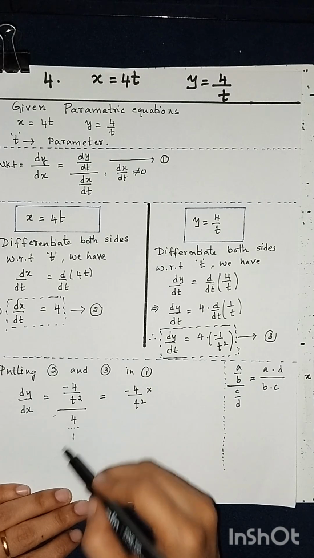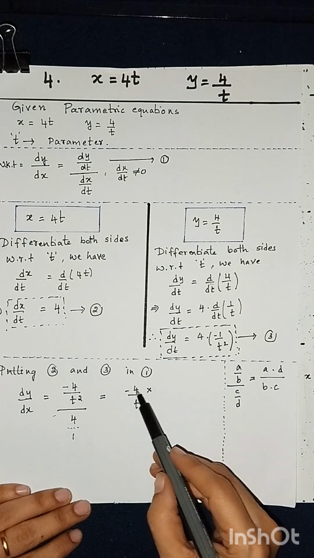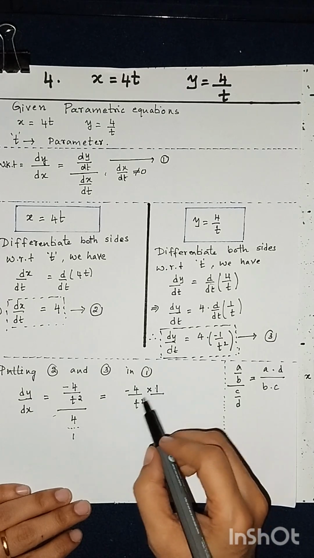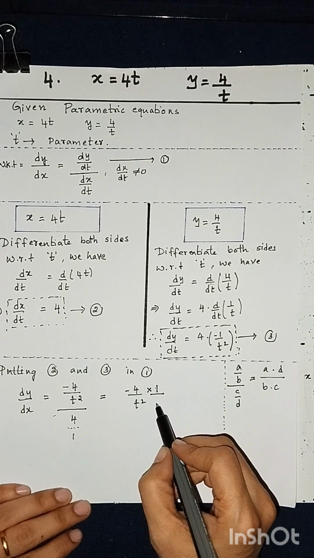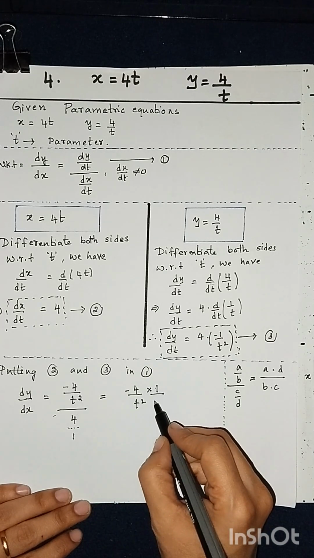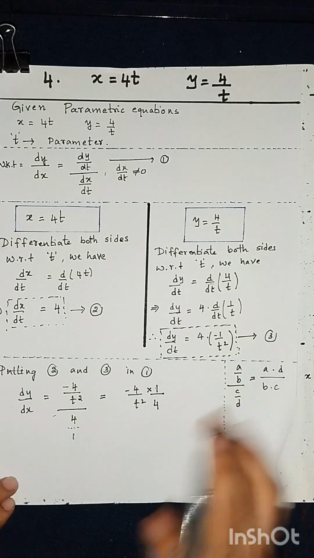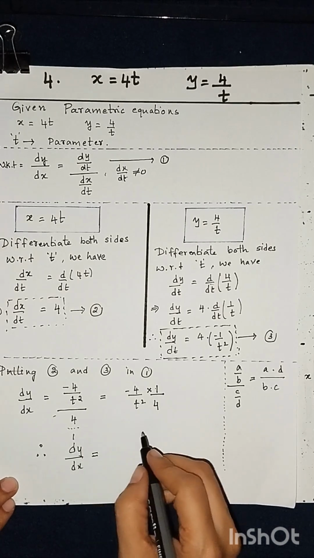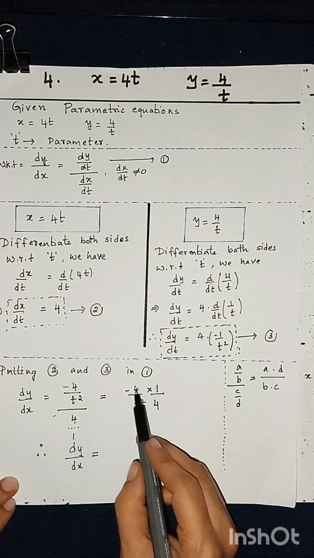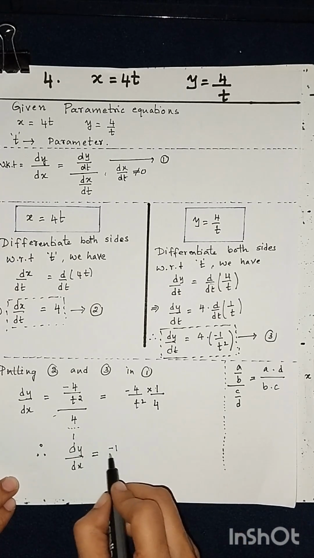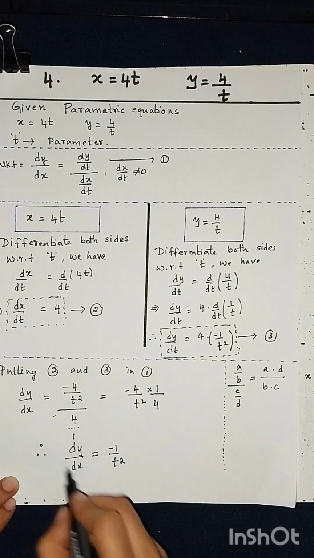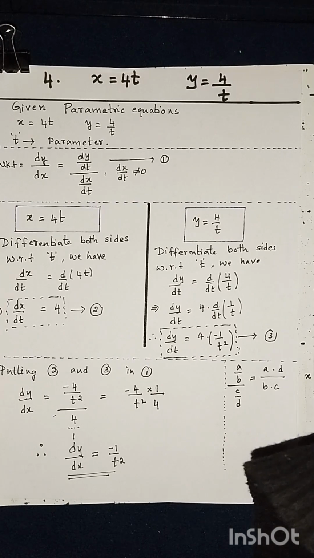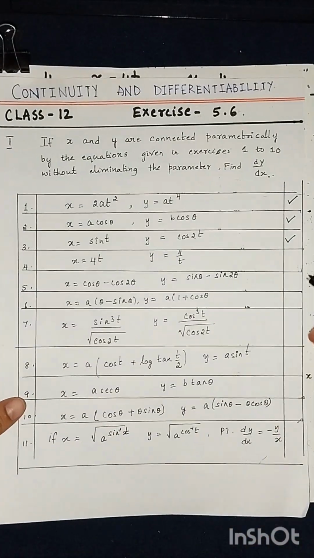So a into d, that is minus 4 into 1, then b into c, in the place of c we have 4. Therefore dy by dx is equal to 4 by 4, which is 1. You are left with minus 1 by t square. So this is the derivative of the fourth parametric functions. So we completed the fourth one.